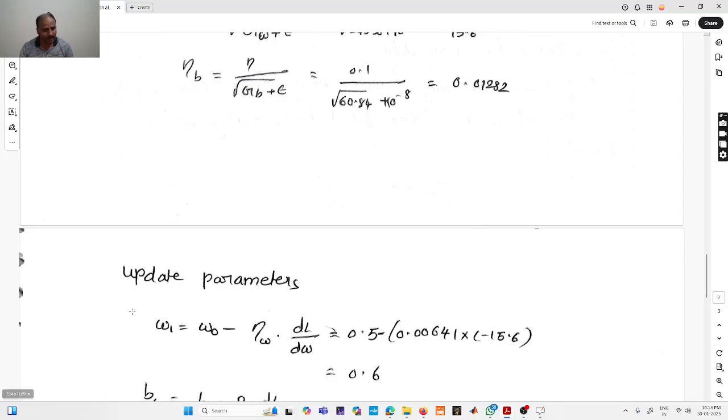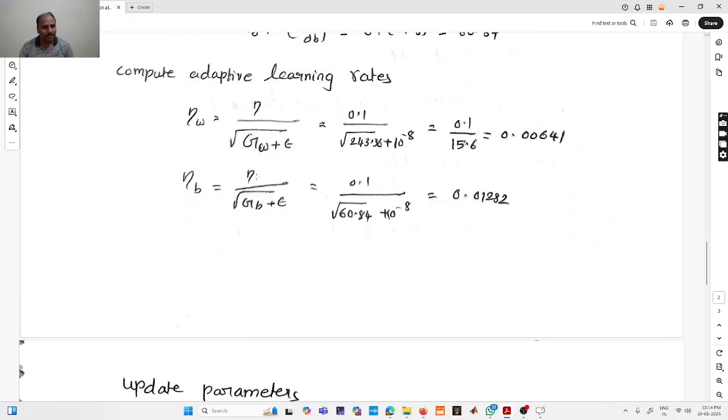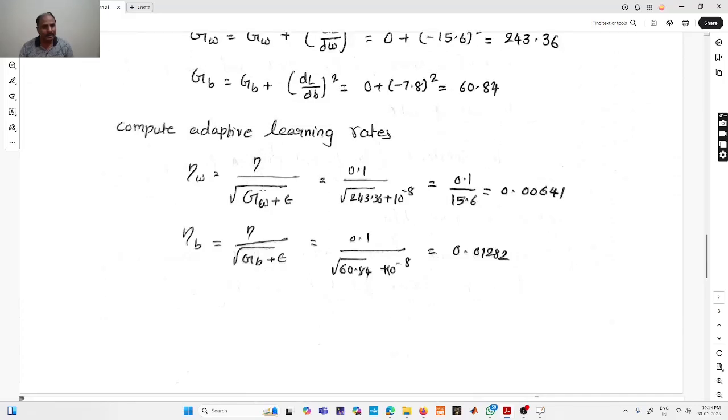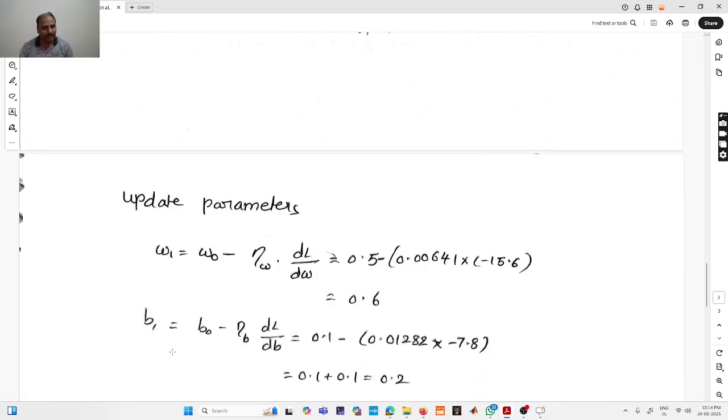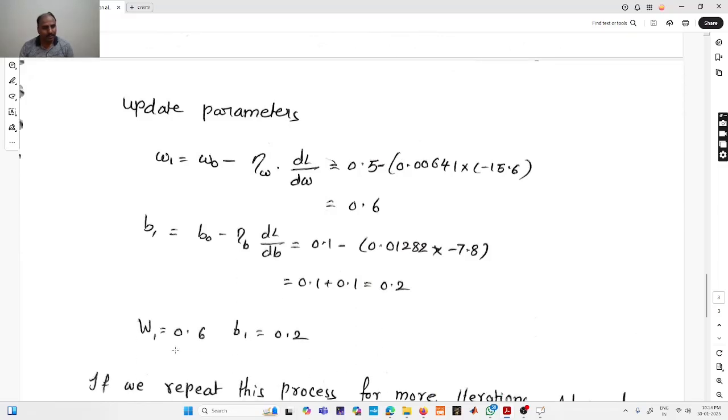In the earlier stochastic gradient descent algorithm, this was a fixed hyperparameter. Now this parameter depends on other quantities, that is G_B and G_W. After substituting, I get the weight as 0.6 and the bias as 0.2. So these are the new updated weight and bias.